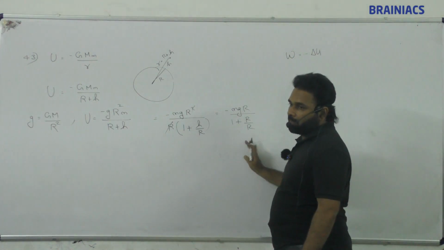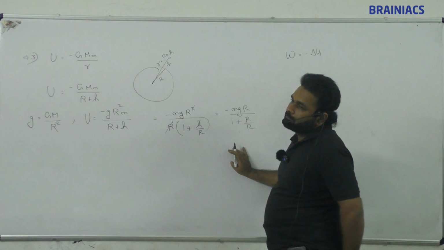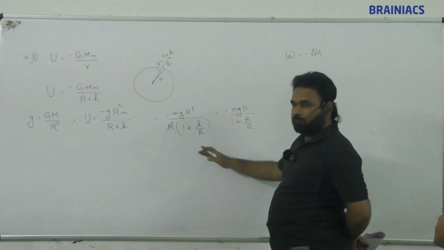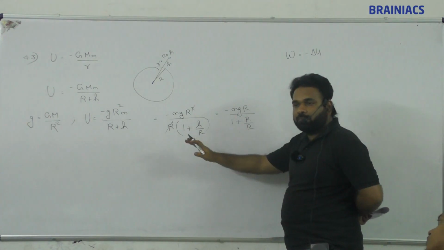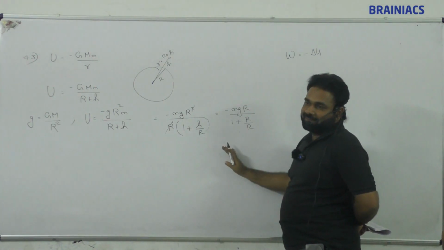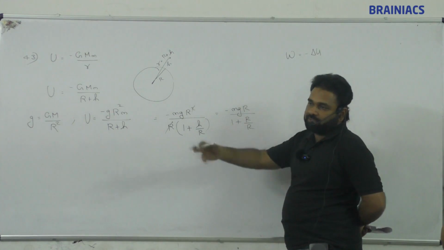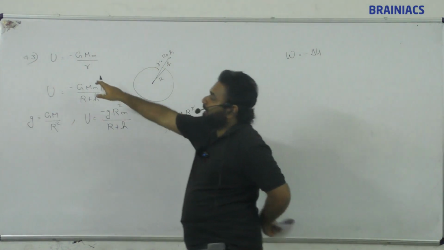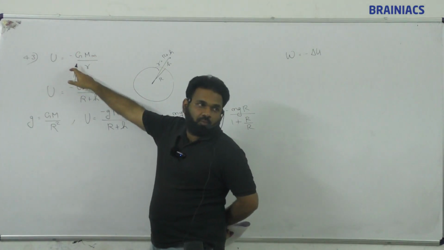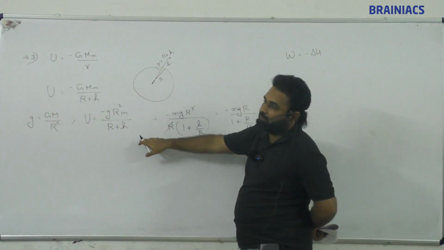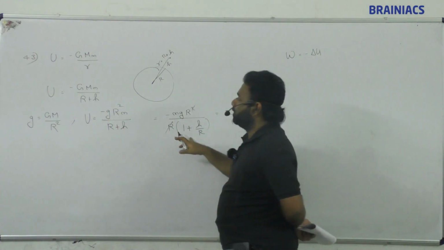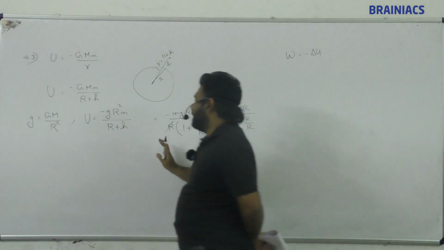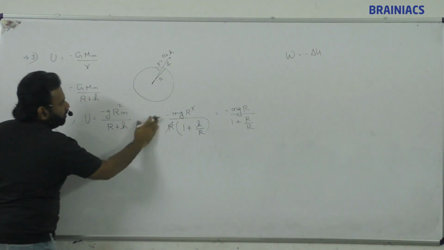Understood? You can do it that way. I am just explaining. Whichever way you are comfortable, just solve it. I am just explaining right from here. Students, all of you may not be comfortable if I start from here or from there. Directly I can write this. This question can be solved from here.